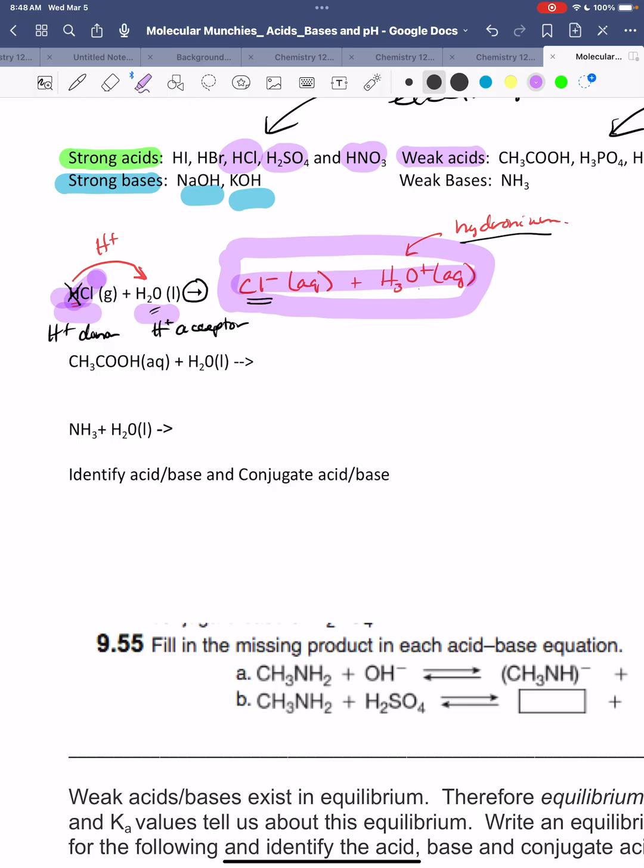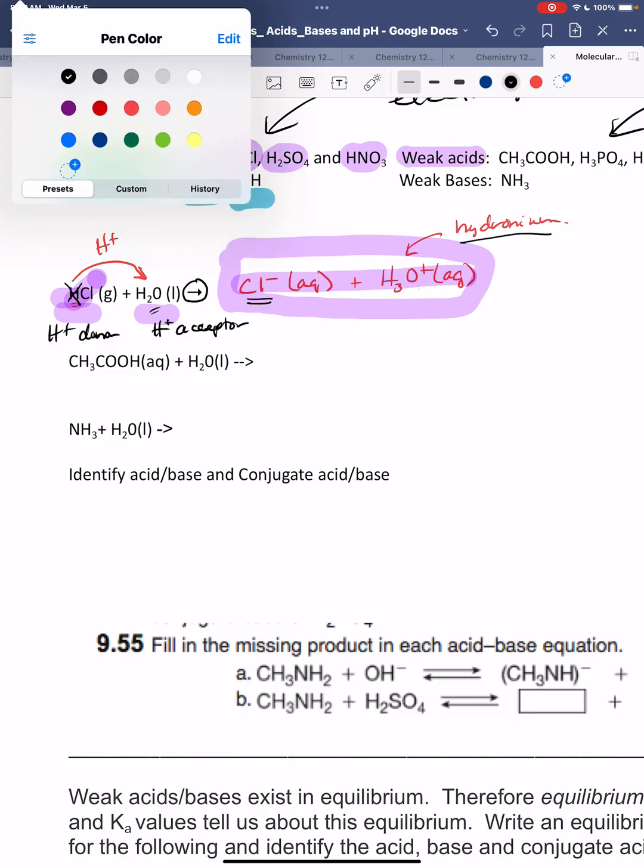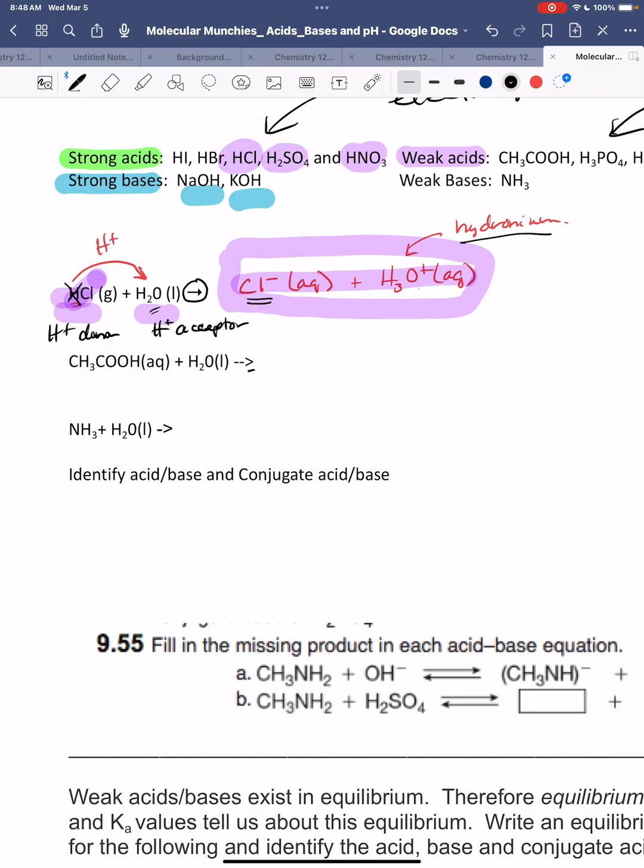Okay, so basically, if we go to this acid right here, this is our weak acid. So we're going to write this arrow as a reverse and a forward reaction at equilibrium. There's the hydrogen that gets donated. It gets donated over here, so there's our H plus. So what we get left over is CH3COO minus.